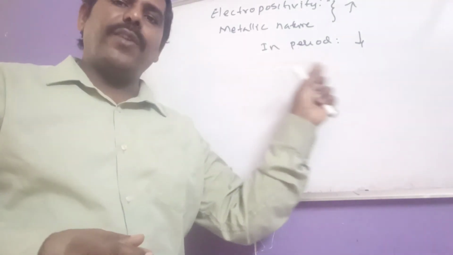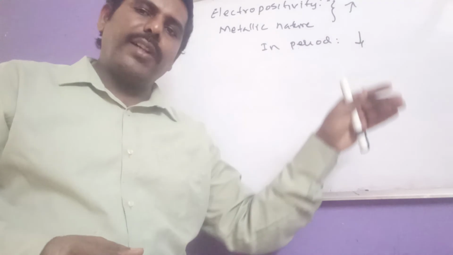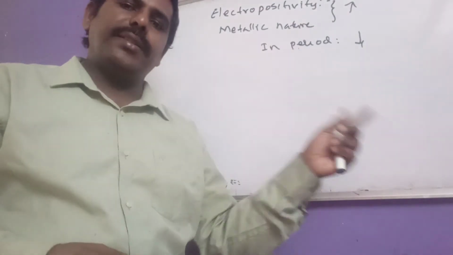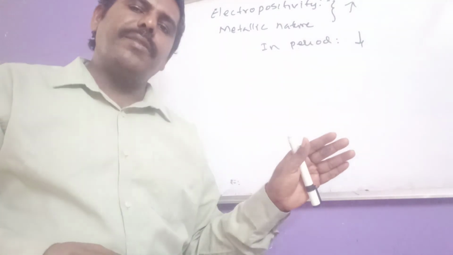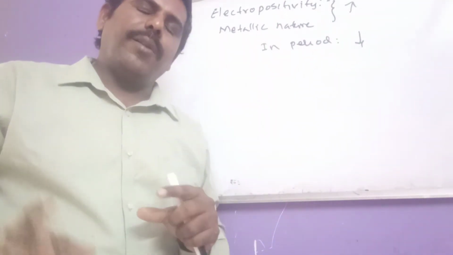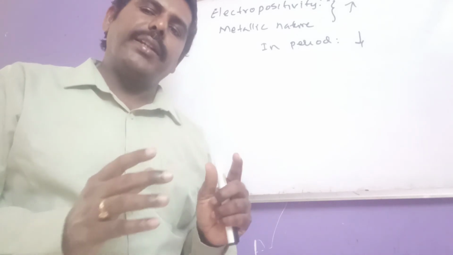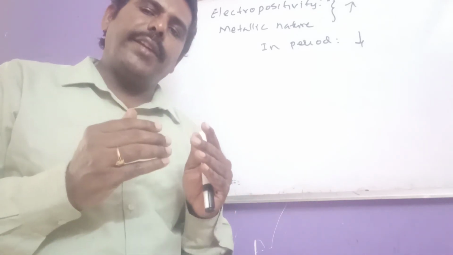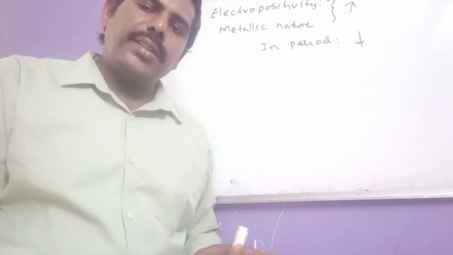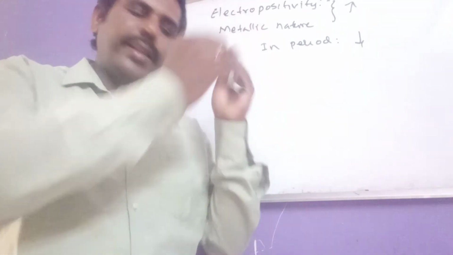So in a period from left to right, electropositivity and metallic nature decrease. Metallic nature decreases means non-metallic nature increases.